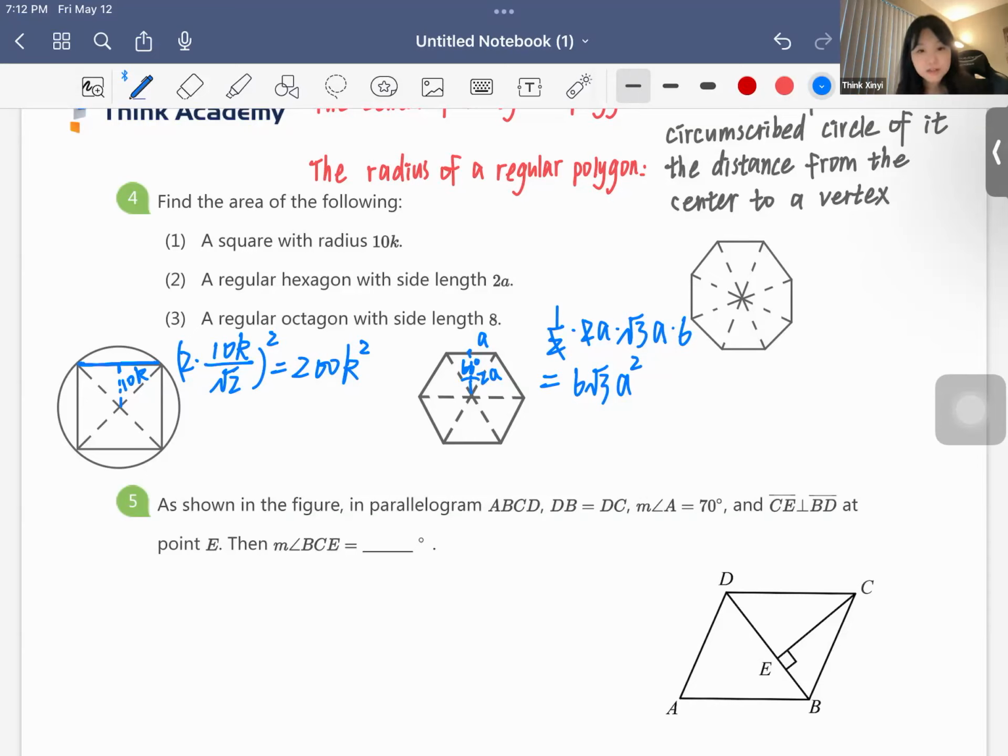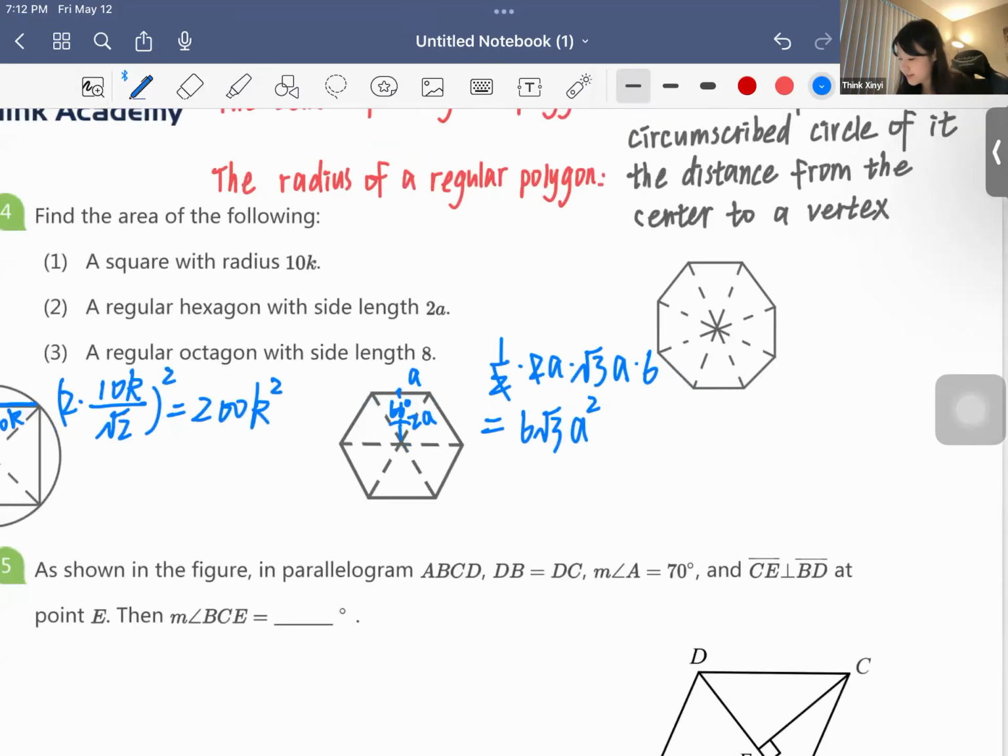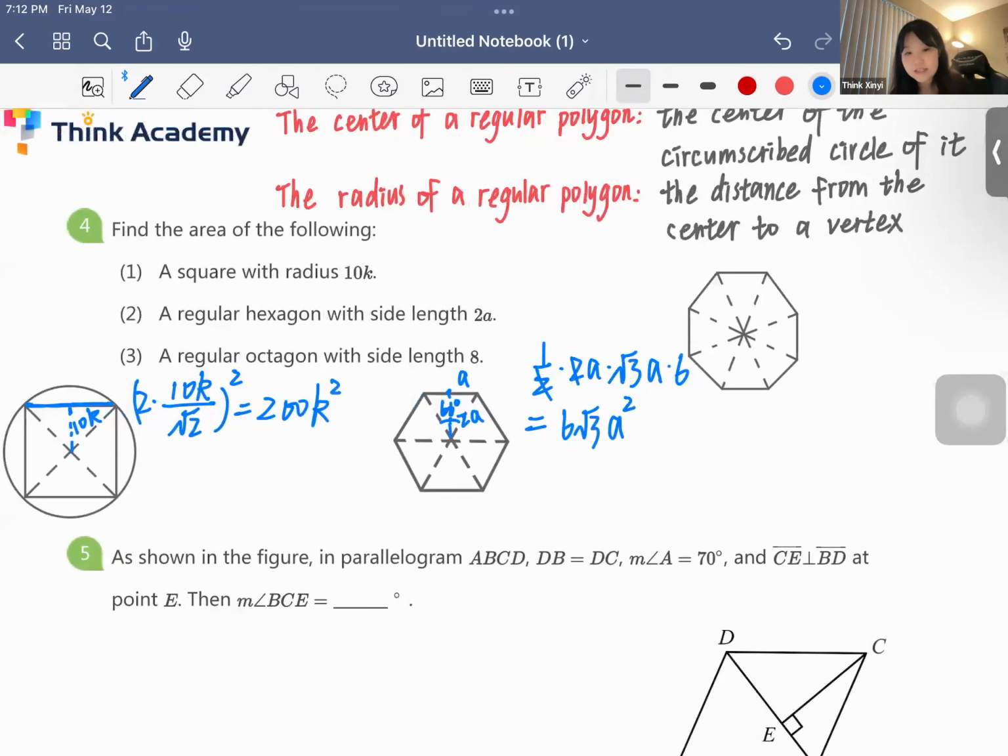A regular octagon with side lengths of 8. If we want to solve this, let's first see the graph here. An easy way is to complete this octagon to a square. Then it's easier to get the area of the octagon by using the bigger square minus 4 right triangles on the corner.